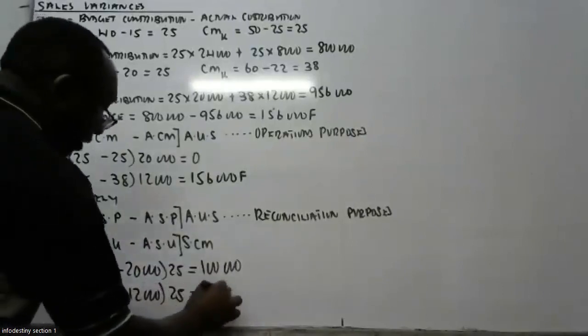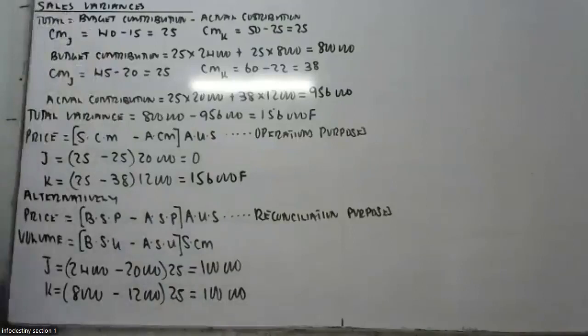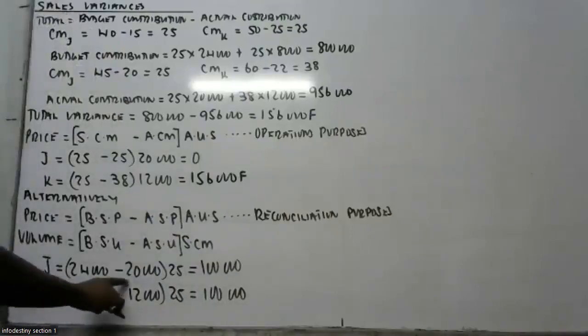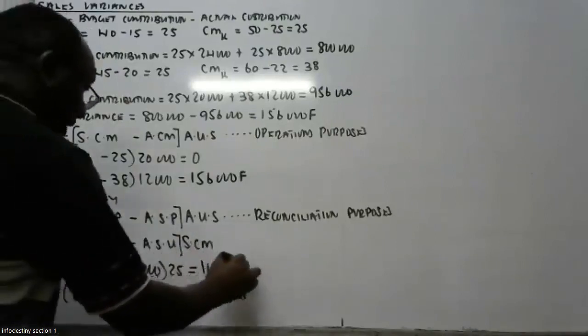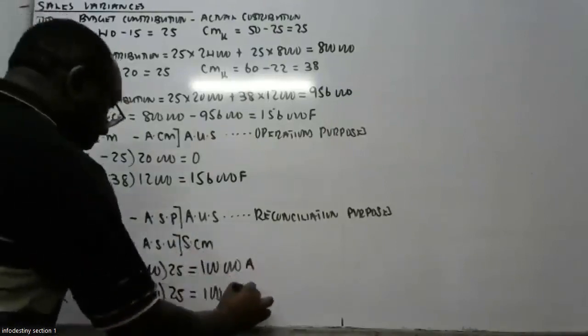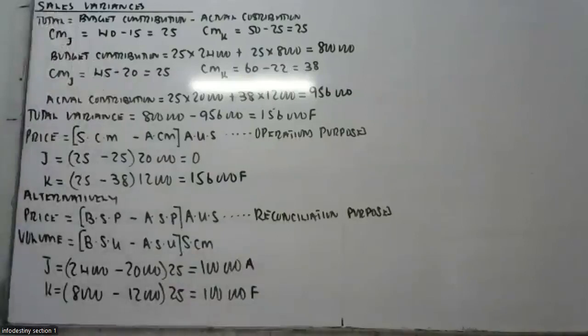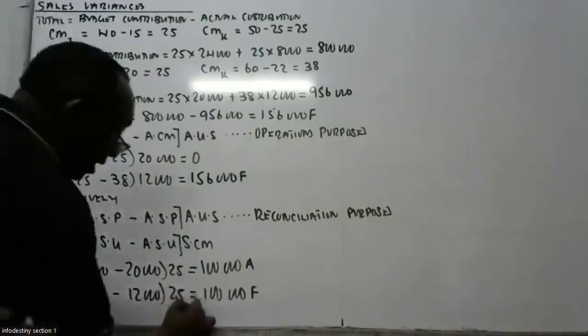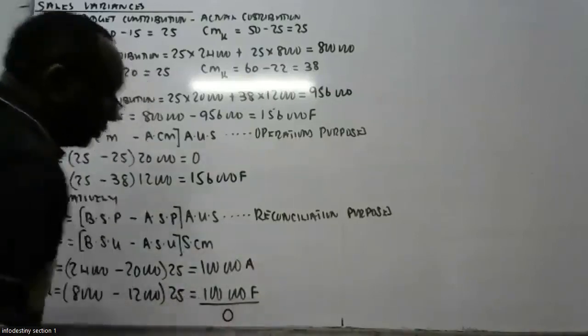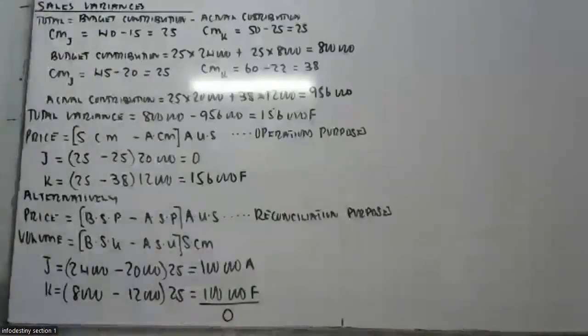This is also 100,000. You need to specify which one is which. Now this one, because we sold fewer units, is adverse. But this is favorable because we sold more units. So when you combine them, the answer is 0.